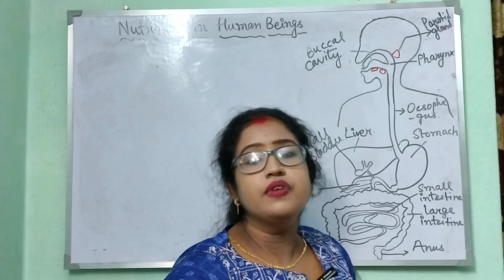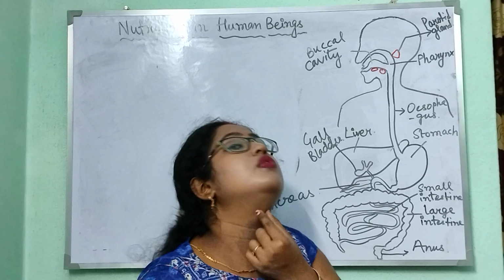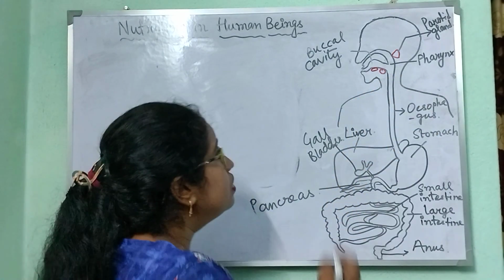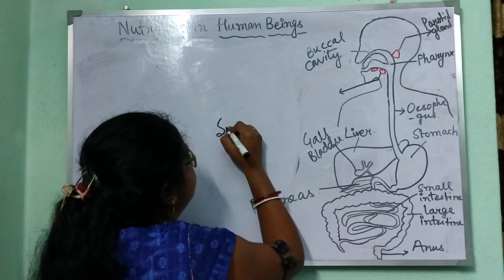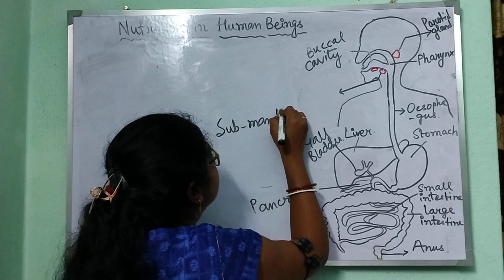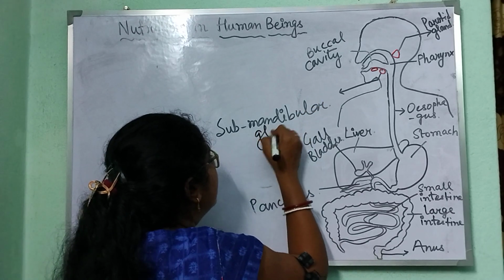Then the next one is situated just beneath our lower jaws in this portion. So just beneath our lower jaws. So this one is known as submandibular gland.